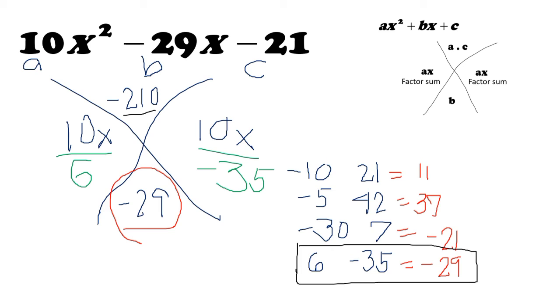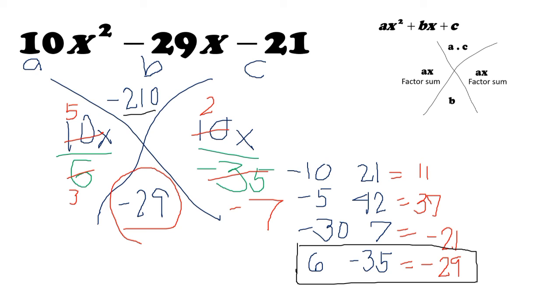Now this is divisible by 2, so 10 divided by 2 is 5, 6 divided by 2 is 3. Here we have divisible by 5, 10 divided by 5 is 2, negative 35 divided by 5 is negative 7.